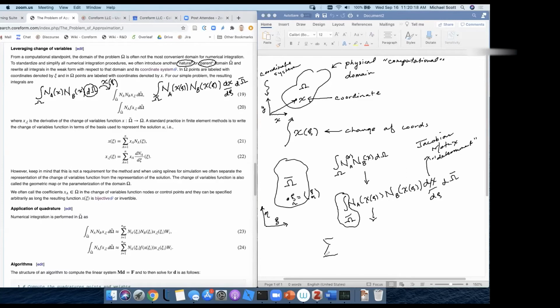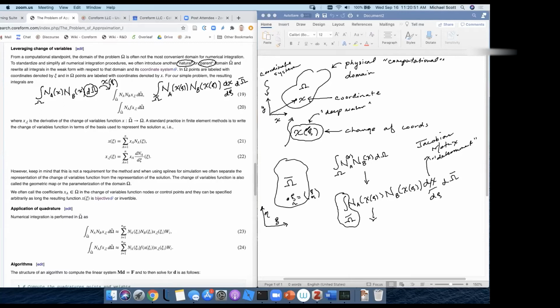Actually, let me say, before I dive into that, let me say one thing about the change of coordinates or change of variables. Notice that this function here, I have not defined it. Let's talk a little bit about, this is deep water here. This function. Let's talk a little bit about it.